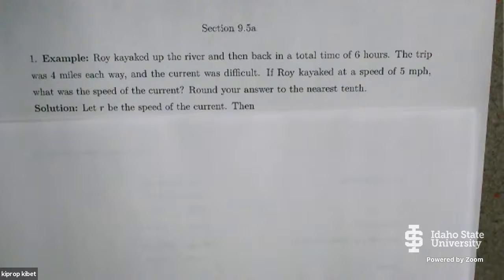The current was difficult. If Roy kayaked at a speed of 5 miles per hour, what was the speed of the current to the nearest tenth? So how do we solve this?